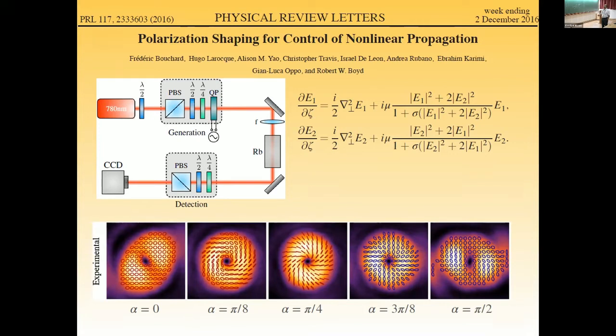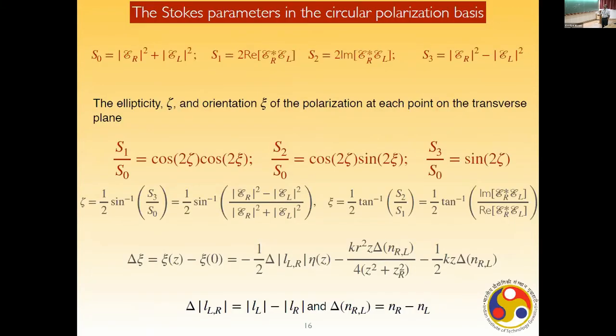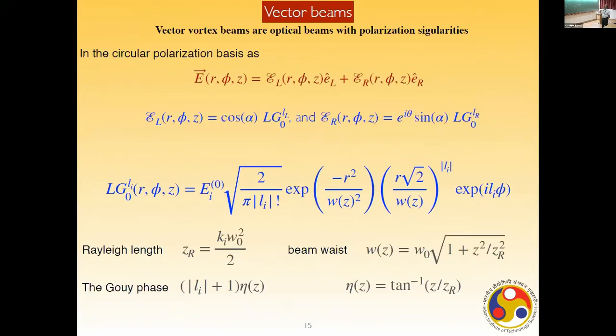Let me show you alpha. Here we have defined alpha, this is the inclination. If alpha is equal to 0, you have only one component. If alpha is equal to pi/2, another component.